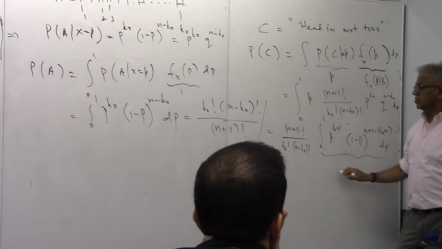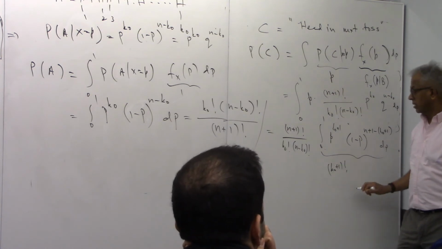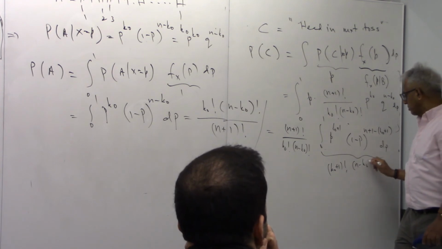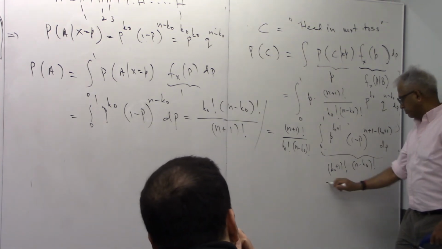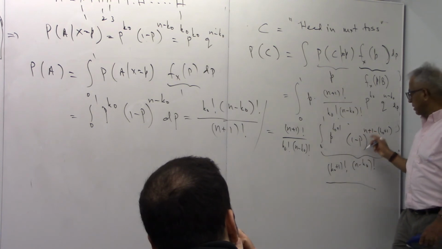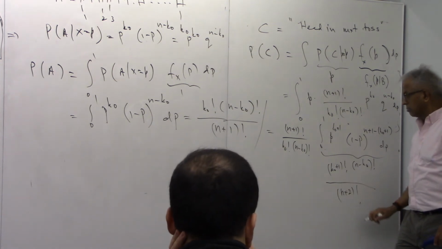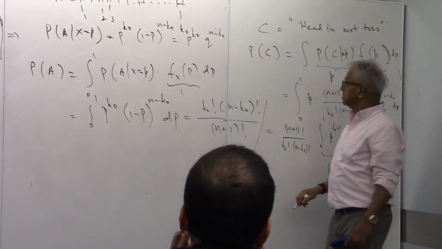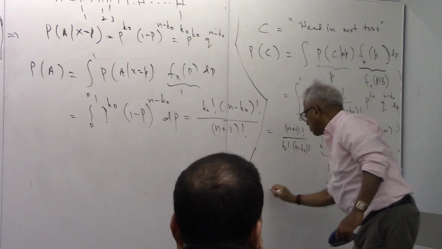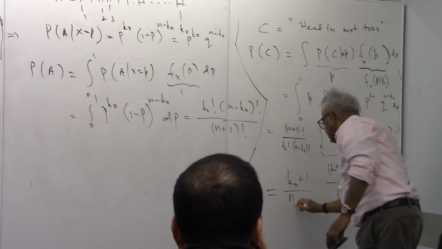So this result is going to be k naught plus 1 factorial. This minus this, that is still n minus k naught factorial, divided by wherever I had n, I now have n plus 1. So this is n plus 2 factorial. So you can do some cancellations, and this will turn out to be k naught plus 1 over n plus 2.